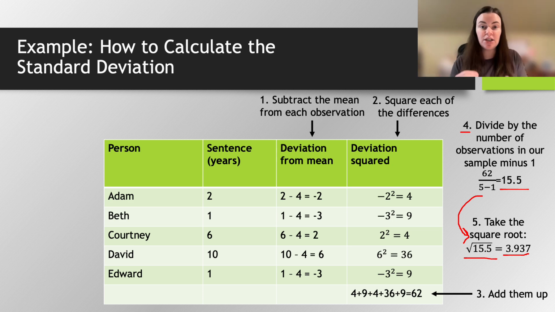We have now standardized those units. In other words, if he were to sentence someone to 30 years in prison, that would be a huge deviation away from that mean. But in the context of just chapter 4, I'd just like you to calculate this value, but the interpretation of that will make a whole lot more sense when we get into our next chapter about the normal distribution and hypothesis testing.